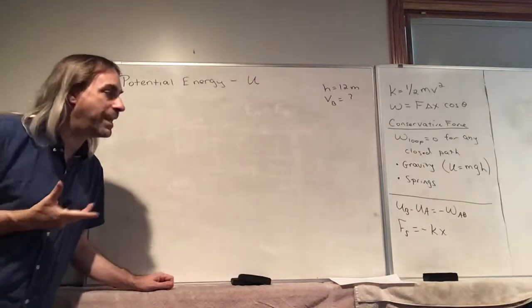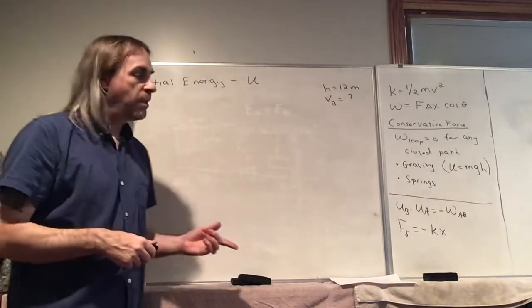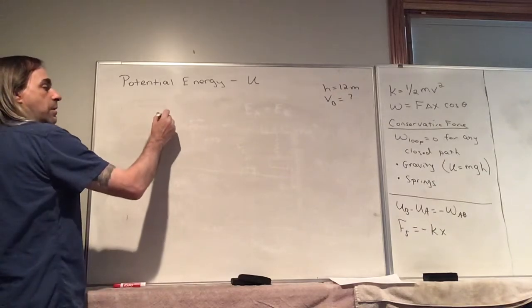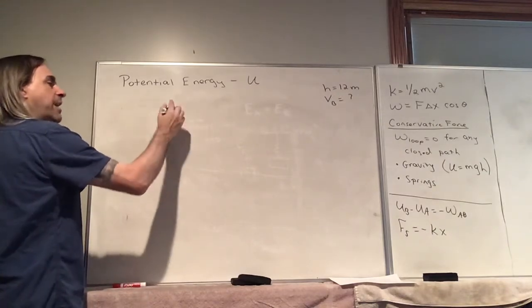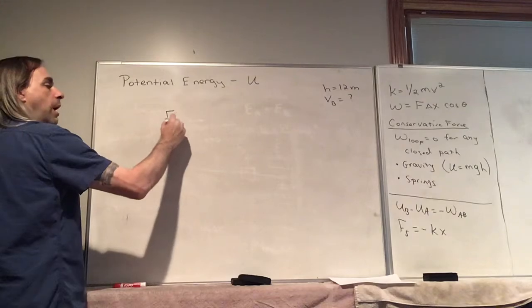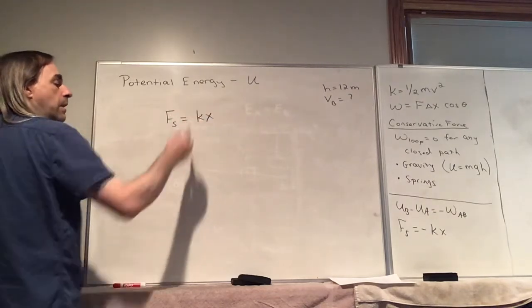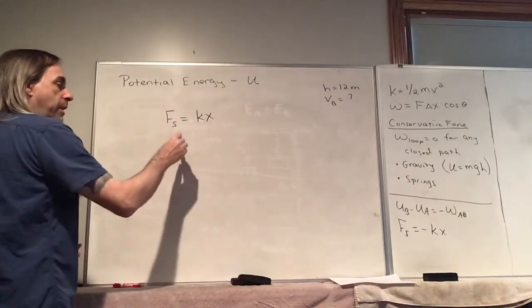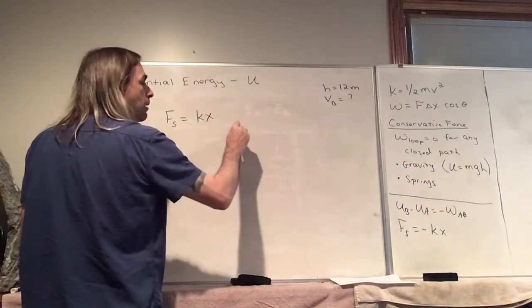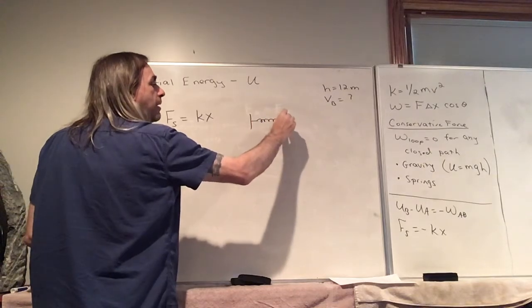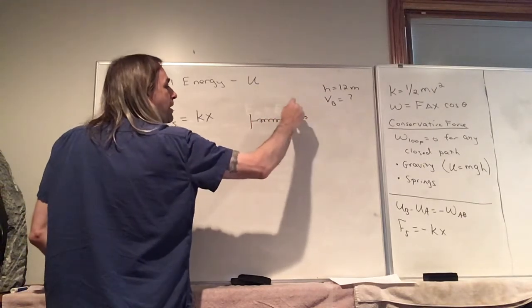Now the problem is calculating the potential energy, which is not quite as easy as it sounds. Let's just look at the magnitude here. The spring force is equal to kx. So let's say we have a spring, we attach this mass, and we pull it through a distance d.